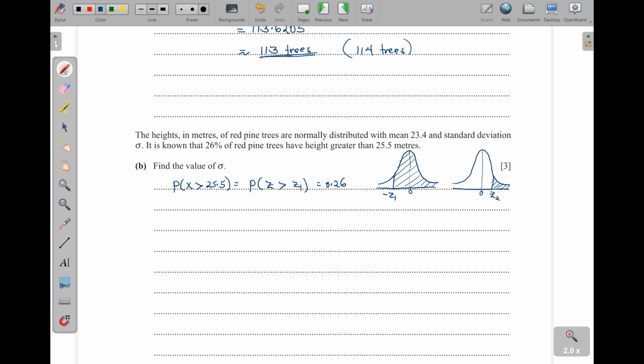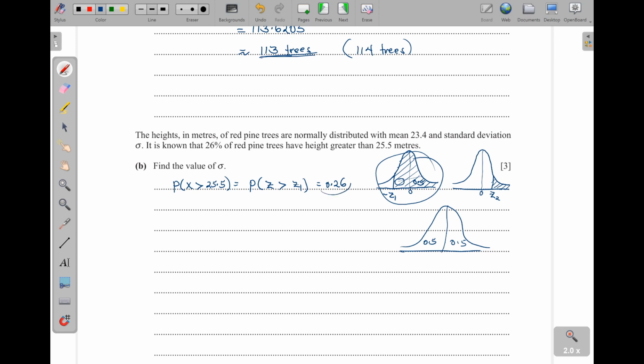Then you ask yourself, which of these two represents the probability, which is 0.26? Remember, when you draw this normal distribution curve, this is 0.5 this way, and this is also 0.5 this way. But when we go to the right of the first one here, it is going to be bigger than 0.5, because already inside here it is 0.5. That means you are adding something here, so it is going to be greater than 0.5.